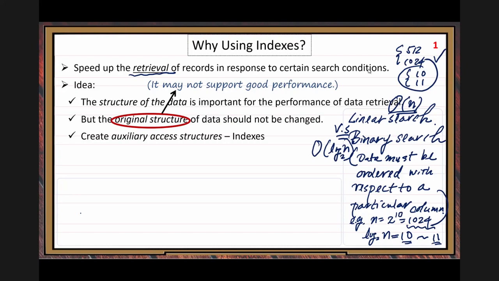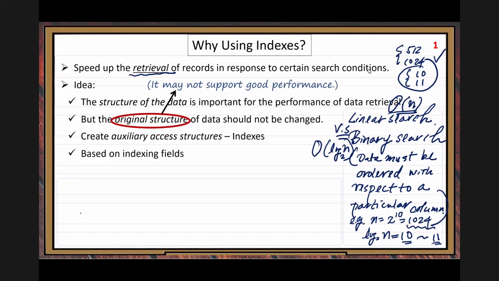After you create it, the DBMS will use those auxiliary tables to speed up the search performance. We do not need to do anything on it. We just set up. We tell the DBMS what kind of indexes we want to define. After you set it up, the DBMS will use it to speed up the search performance.